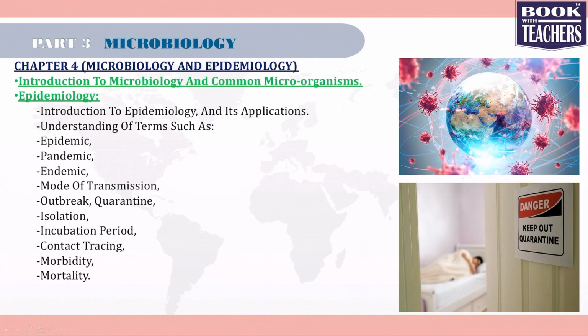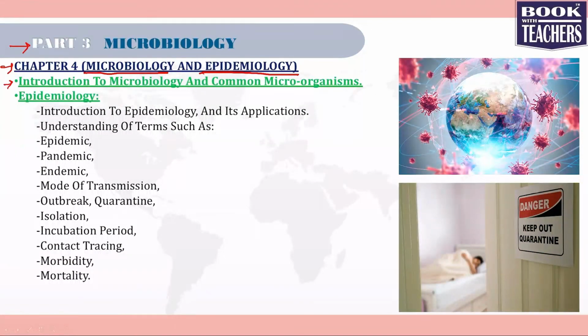Into part 3, microbiology. So in this, it's divided into 2 chapters, chapter 4 and chapter 5. So in chapter 4, we'll be learning about microbiology as well as epidemiology. So in this, we will begin with introduction to microbiology and all the various common microorganisms which are present.